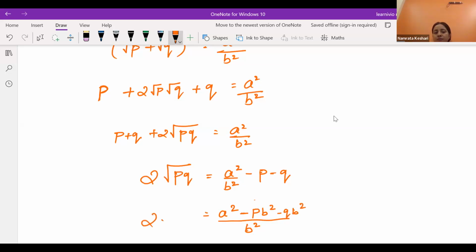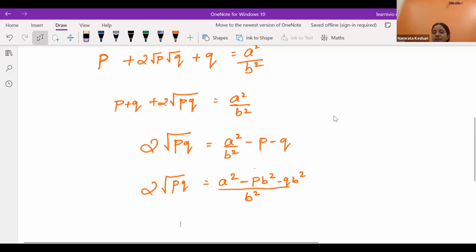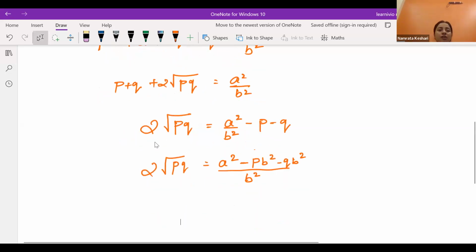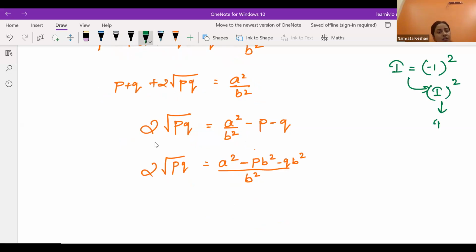Now, in class 9 we have learned that if we have any integer and we square that integer, the result will still be an integer. Integer square is integer, right? So this is an integer.